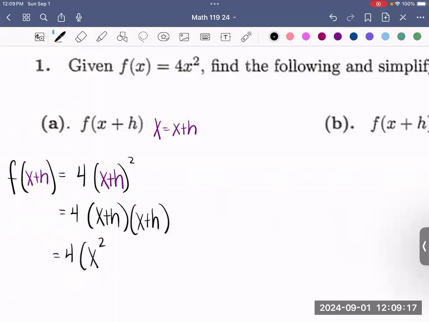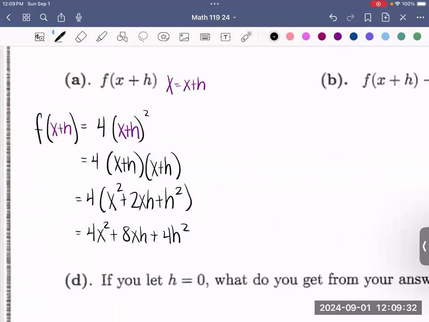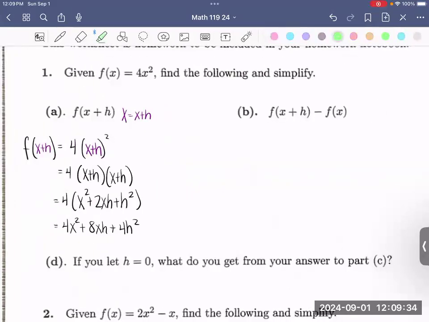So we have x squared plus 2xh plus h squared. And then we can go ahead and distribute in. So we have 4x squared plus 8xh plus 4h squared. So this whole thing here, f of x plus h, is what we're going to be using for your next part.